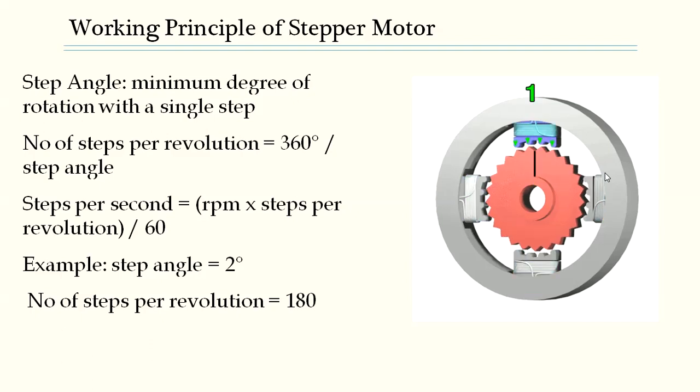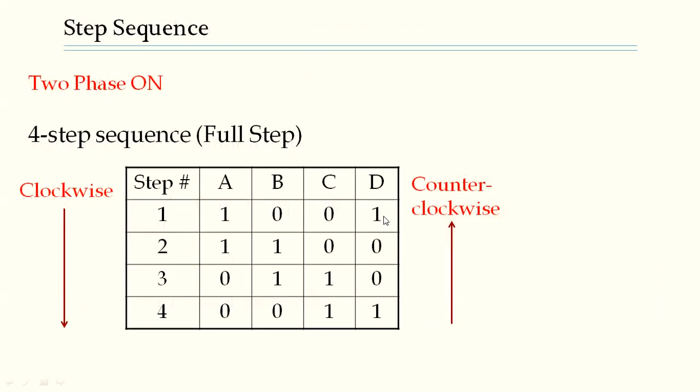Next, as we have seen in the working principle, you provide a particular sequence of inputs to the stator such that an electromagnetic flux is generated, and hence the rotor will start rotating. So let's go with the step sequence that is required.